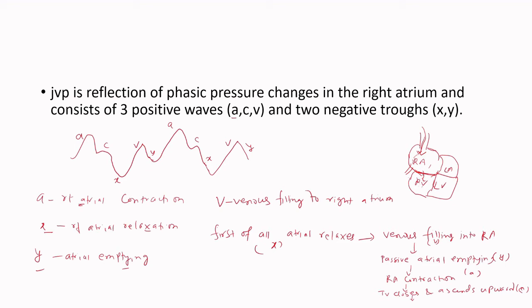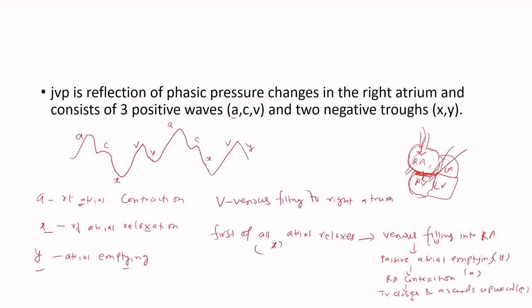After passive filling, the right atrium contracts and contributes about 15 to 20% of blood, which is pushed into the right ventricle. After that, the atrium relaxes and the ventricle contracts, but before the ventricle contracts the valve is closed. Now the ventricle contracts and blood is ejected into the pulmonary artery.